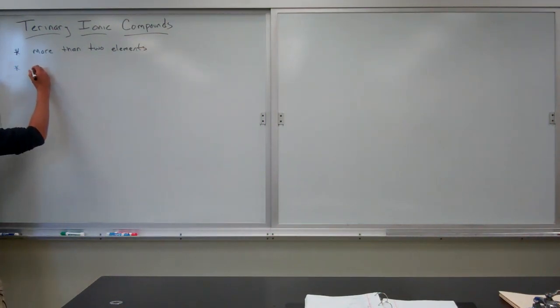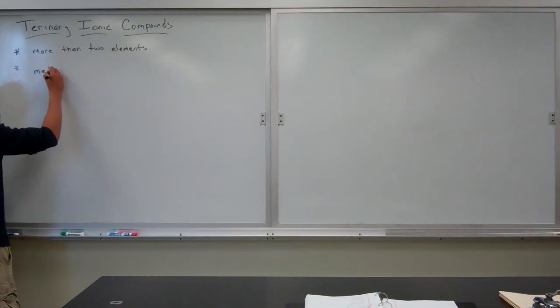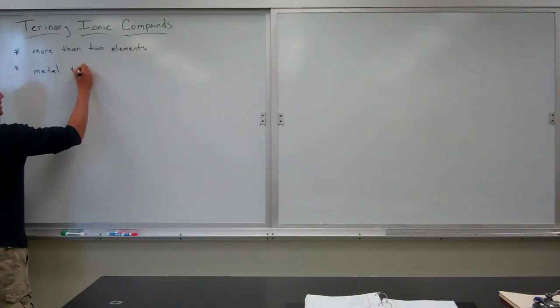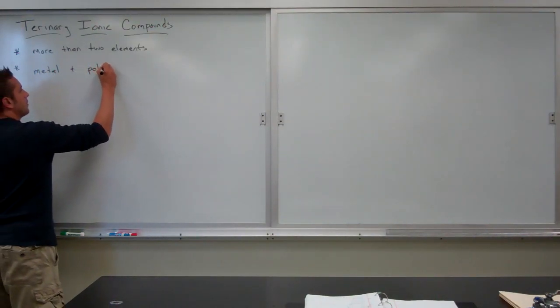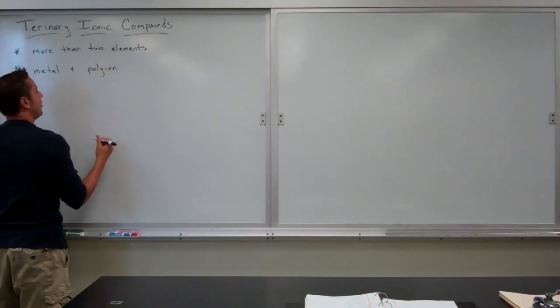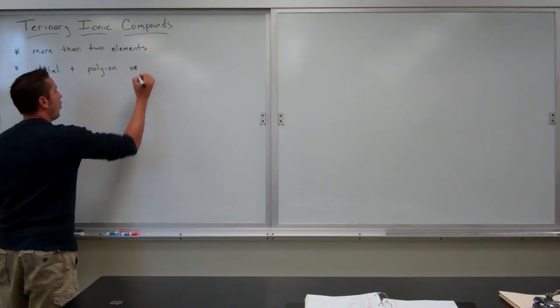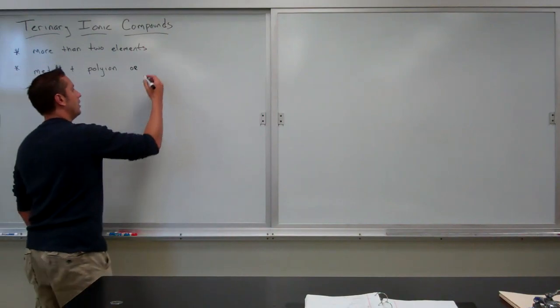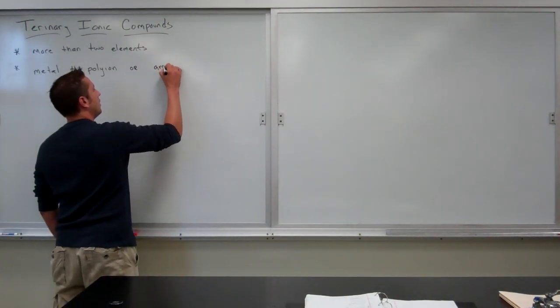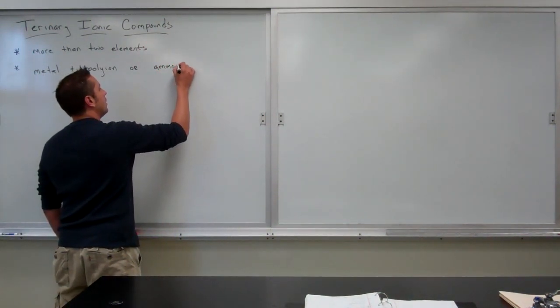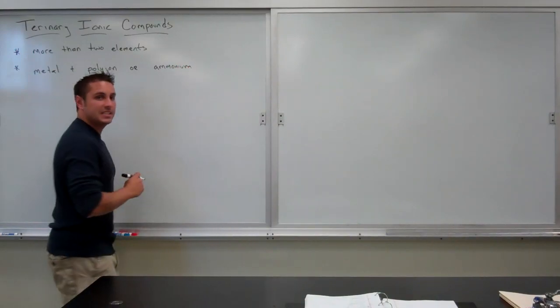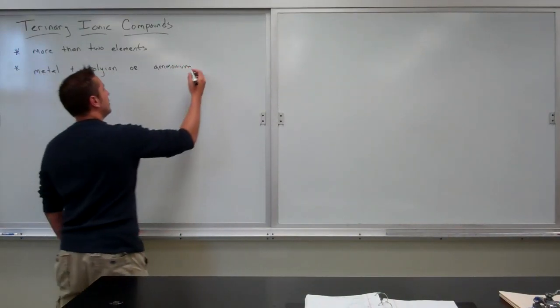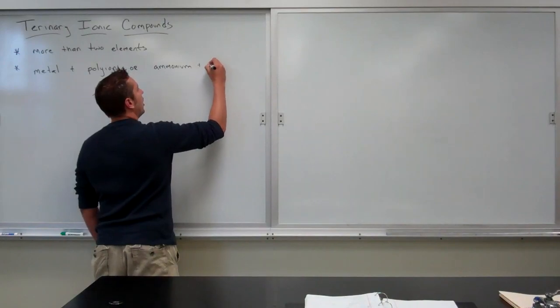You will either see a metal plus a polyatomic ion, or the polyion, specifically ammonium, plus a nonmetal.